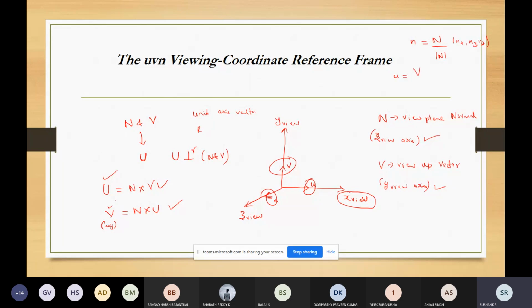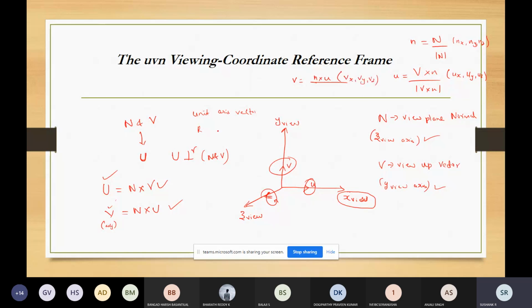Similarly, the unit vector U is the cross product of V and N divided by its magnitude, which is ux, uy, uz. Similarly, V can be written as the cross product of these two unit vectors, N and U, which will be represented as Vx, Vy, Vz.